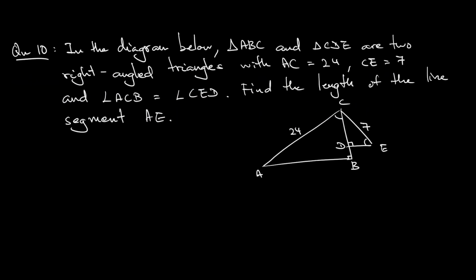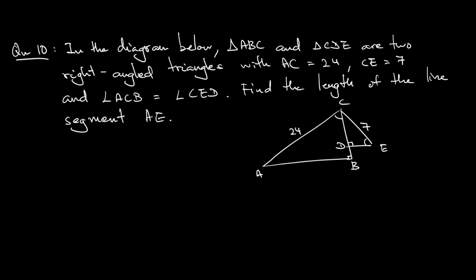Okay, question 10. In the diagram below, triangle ABC and triangle CDE are both right triangles, with AC given as 24 and CE given as 7, as well as angle ACB equal to angle CED.